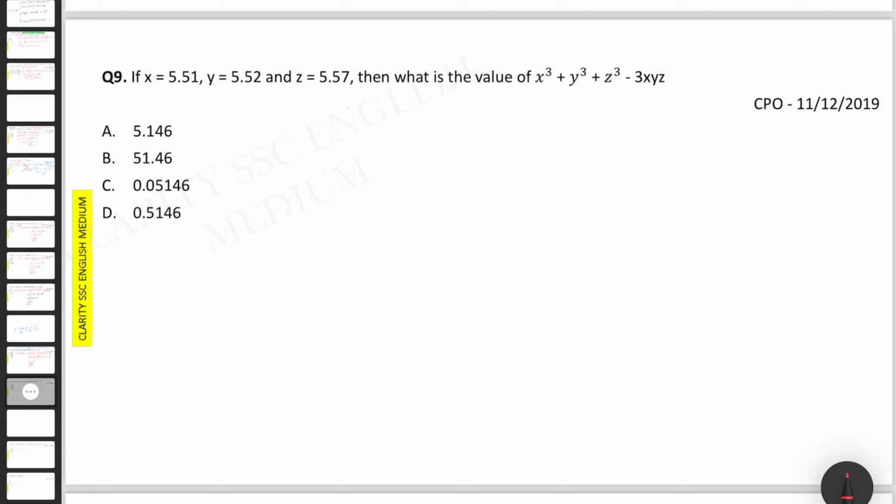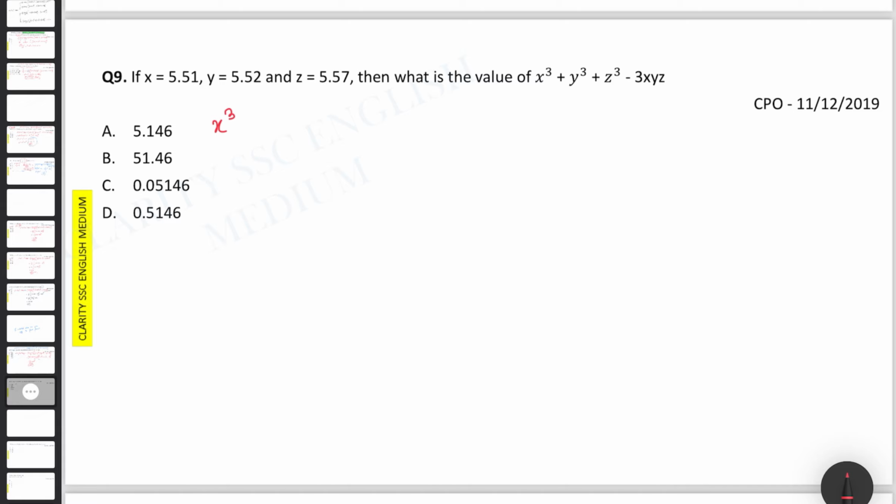Let's see question number 9. Question number 9 says if x is equal to 5.51, y is equal to 5.52, and z is equal to 5.57, then what is the value of x cube plus y cube plus z cube minus 3xyz? Again, the fourth formula will apply here.